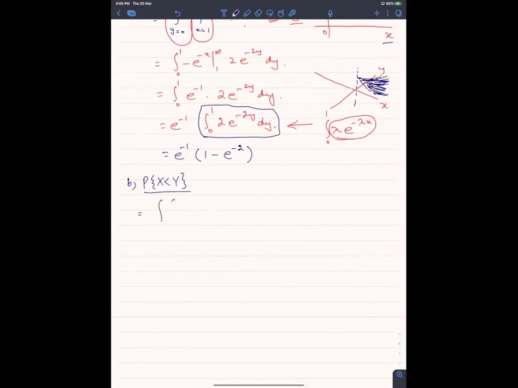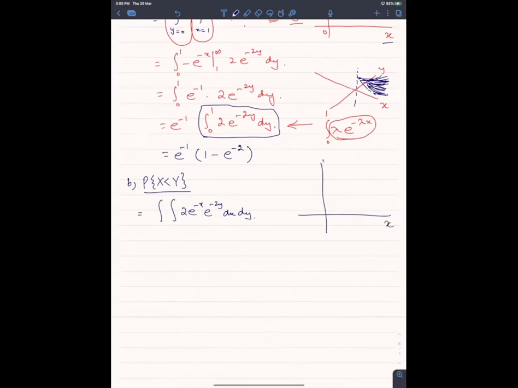So I have to do an integration over an xy region, ये 2 e to the minus x e to the minus 2y dx dy, इसकी डबल इंटीग्रेशन करनी है over an xy region.